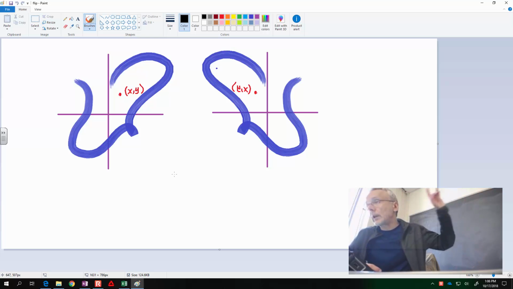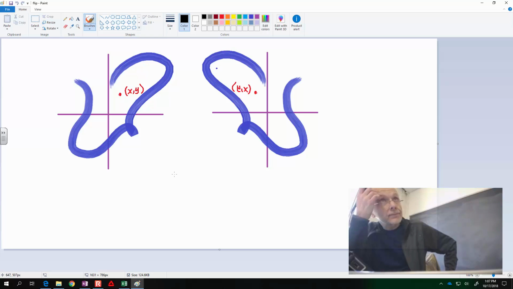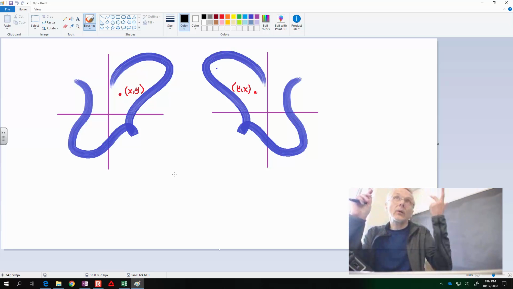So this one is, what is this? From last time. So what has happened here? It is a flip. It is a vertical flip, right? And you can see what has happened to x, y. Y is on the same level. Nothing happens to y, and x becomes negative.